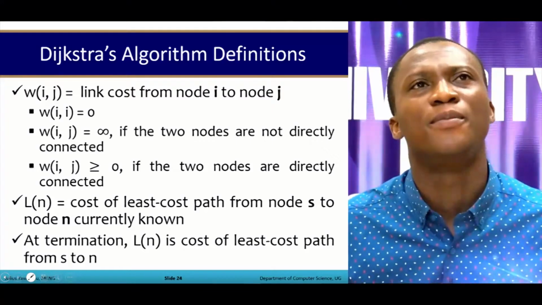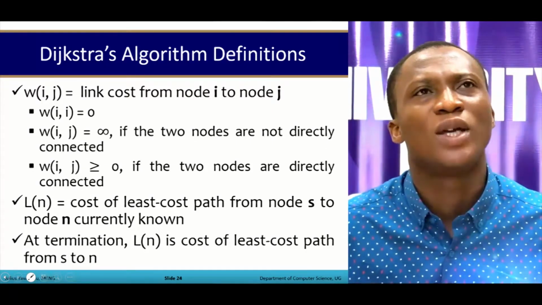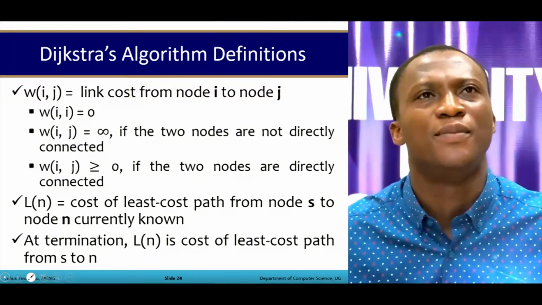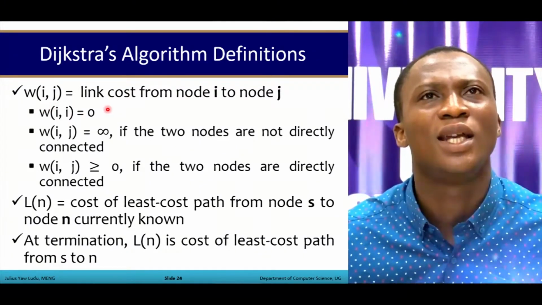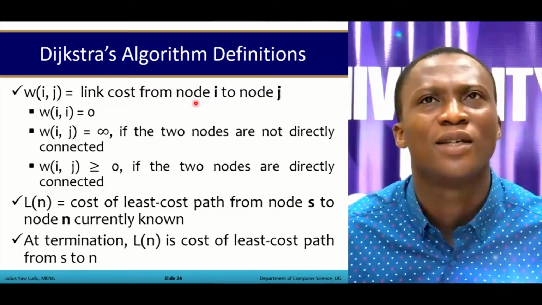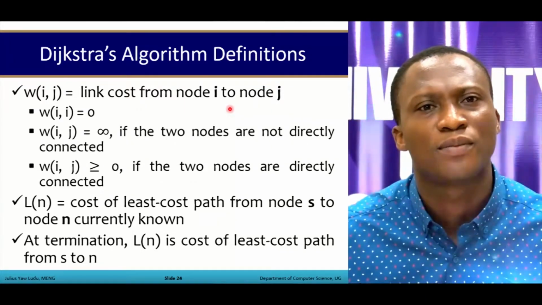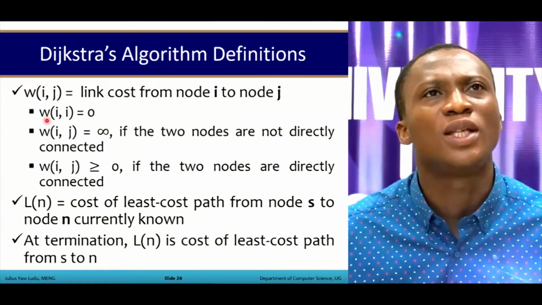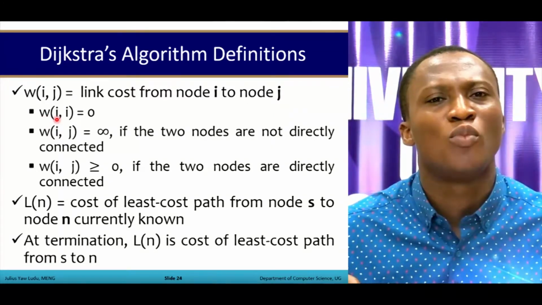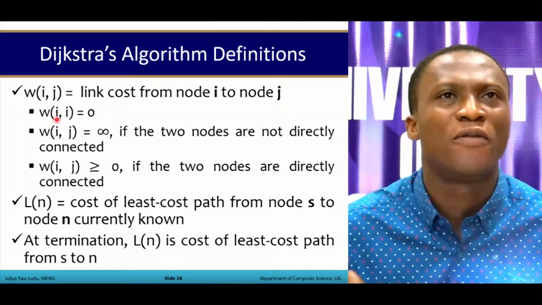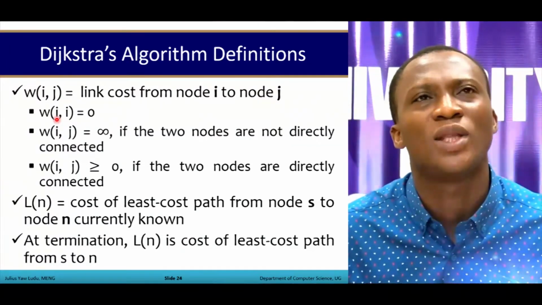So per the algorithm, we calculate a Wij. Now Wij is the link cost from node i to node j. If we are calculating Wii, meaning that we are moving from one node to itself, then the cost associated with that is 0.